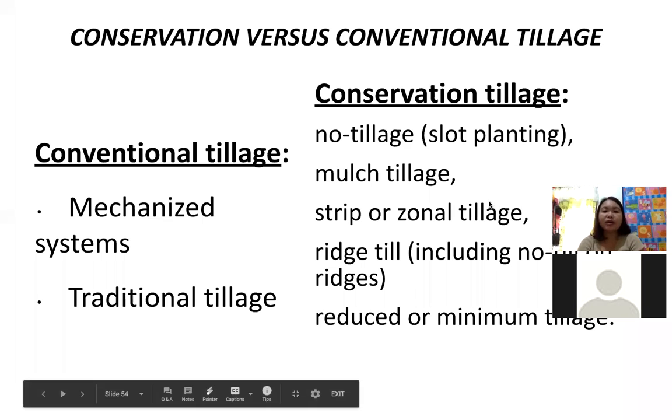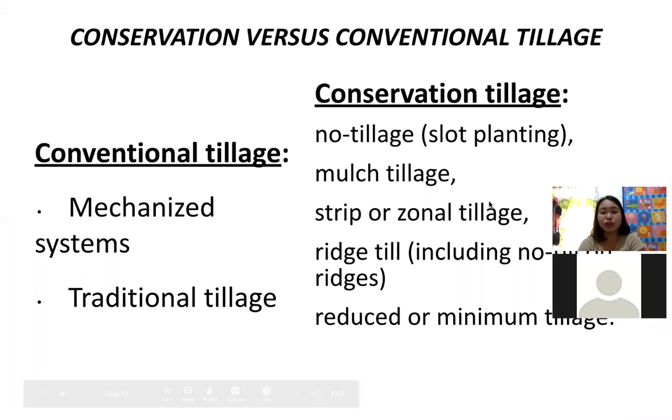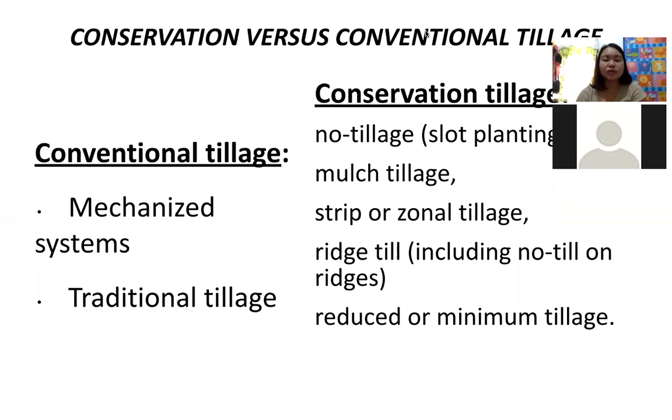So we call them conventional tillage when you use machines and even manual. There are also some conservative people in the world that do not agree with conventional tillage. So when we say conventional tillage, they are mechanized or the traditional one where we just use implements manually. And for conservation tillage, there is really no tillage.